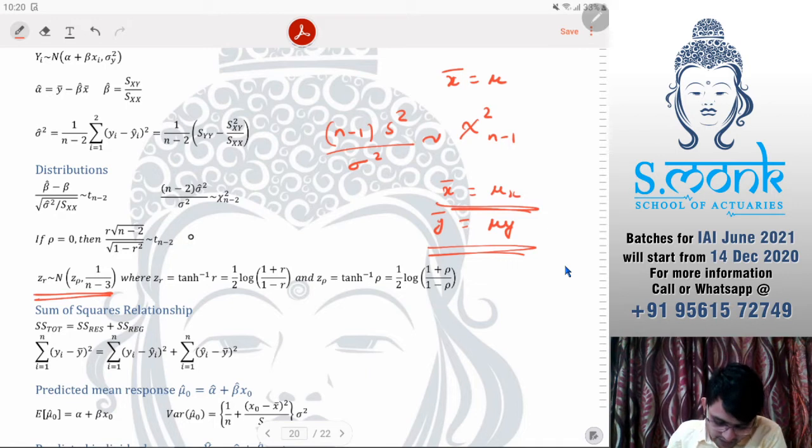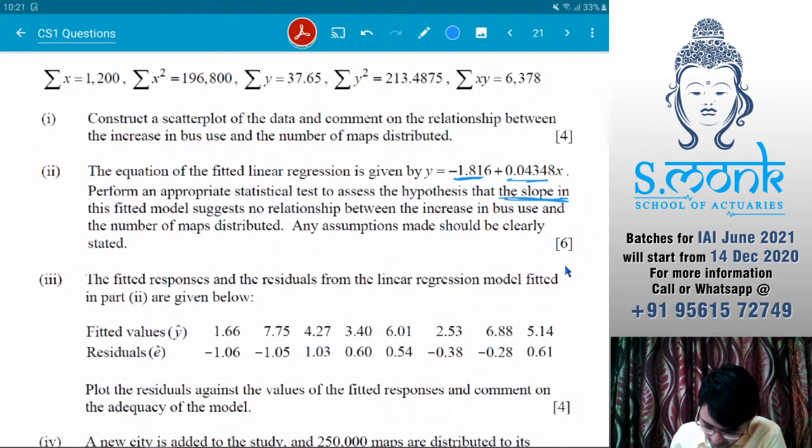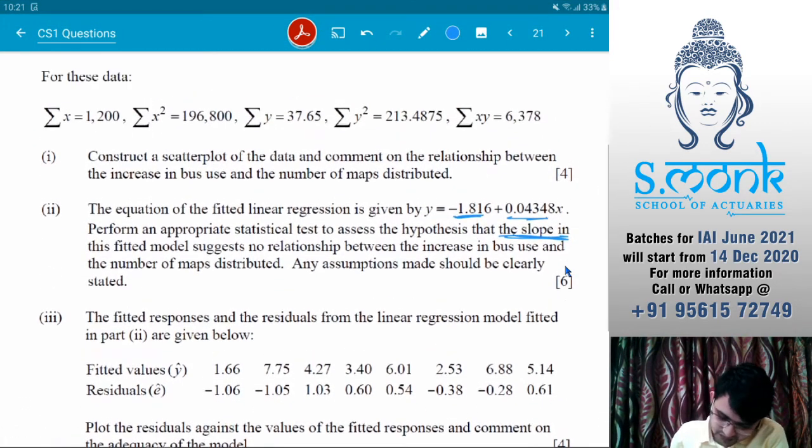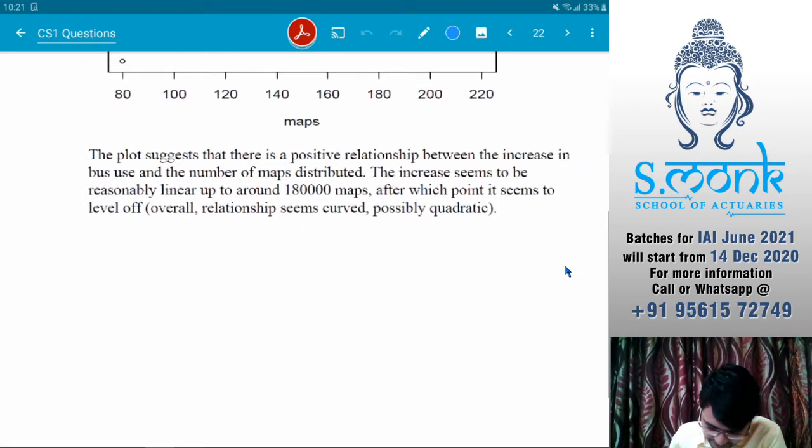Okay. Here they have said to check for slope parameter. That is why this is our slope parameter. We'll be using this distribution. So this is the scatter plot diagram.